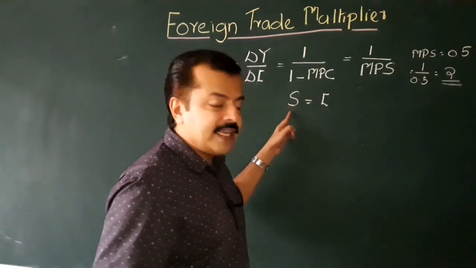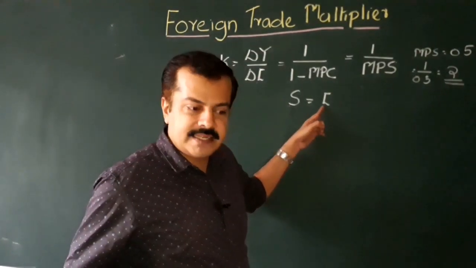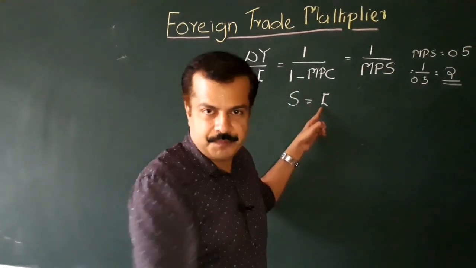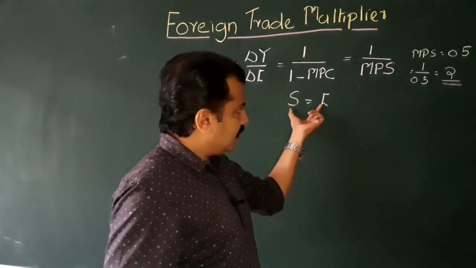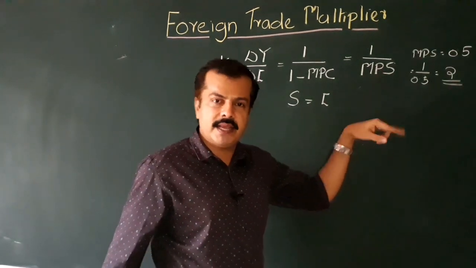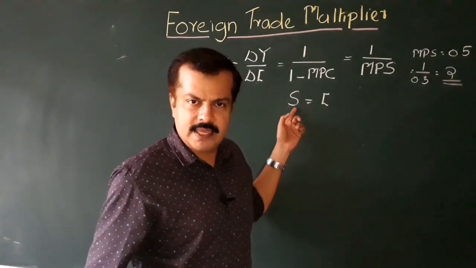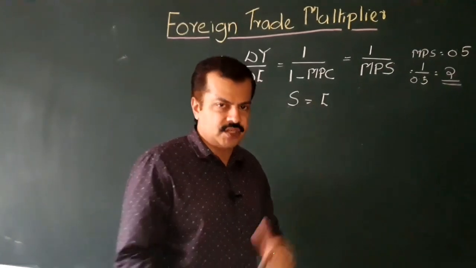That is, saving is a leakage from the income stream, investment is an injection to the income stream. So this derivation of the investment multiplier is based on this equality of saving equals investment.